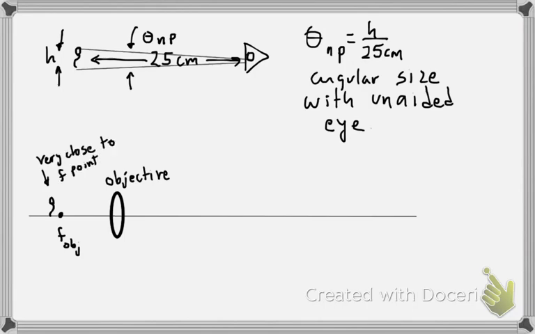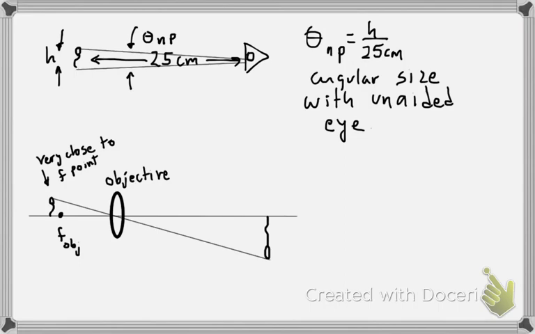Now the object is going to be close. The object cannot be at infinity, it's close to us, so we're going to place the object near the focal point of the objective. So the objective lens has a focal length, so we're going to place the object just a little further away but close to the focal point of the objective. So when we do that, we get an image of the object that is magnified.